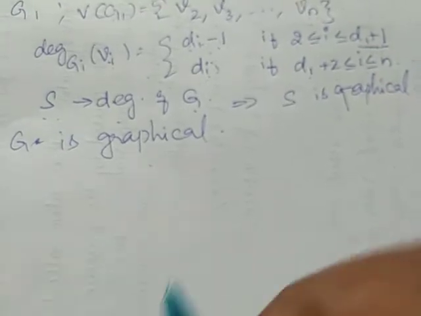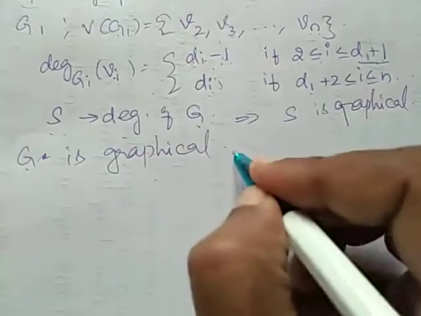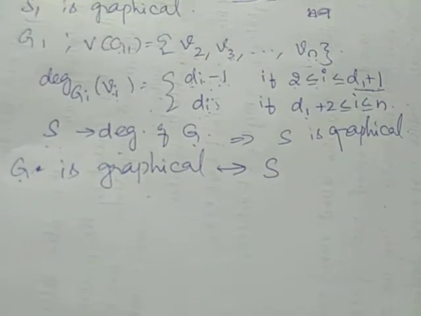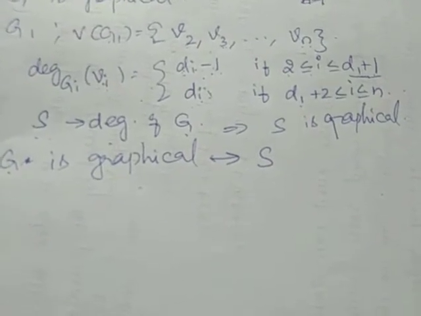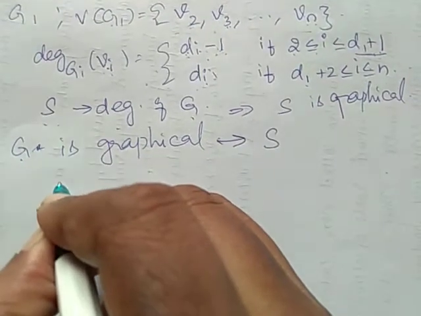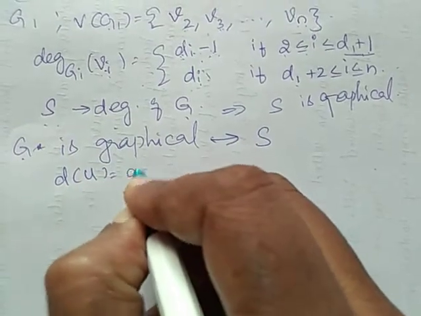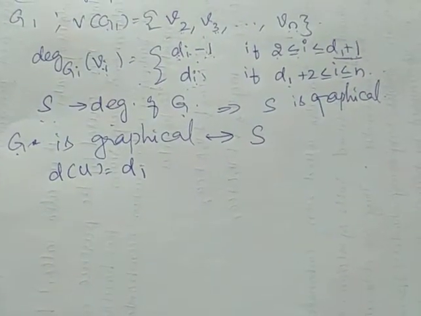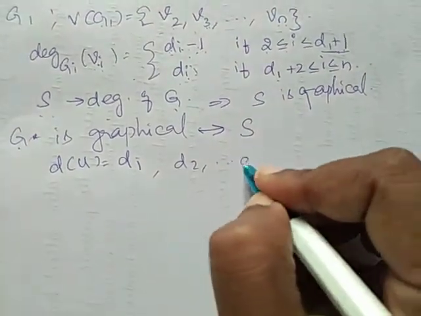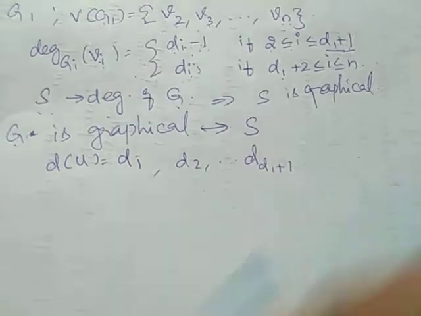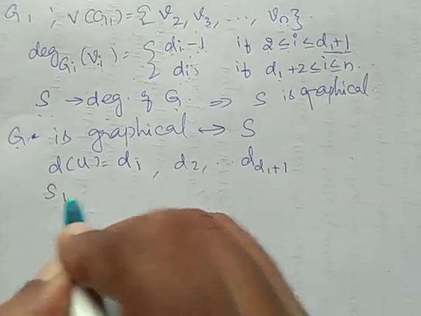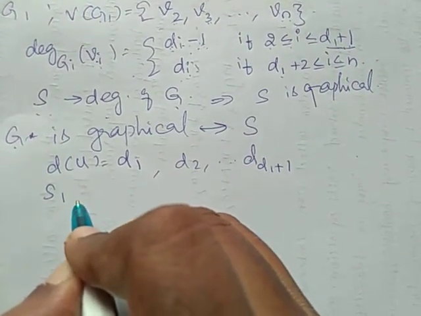So a graph G has a degree sequence S and contains a vertex U of degree D1 such that U is adjacent to vertices whose degrees are D2, D3, D4, etc., till D of D1 plus 1. Then obviously S1 is a degree sequence of G minus U.